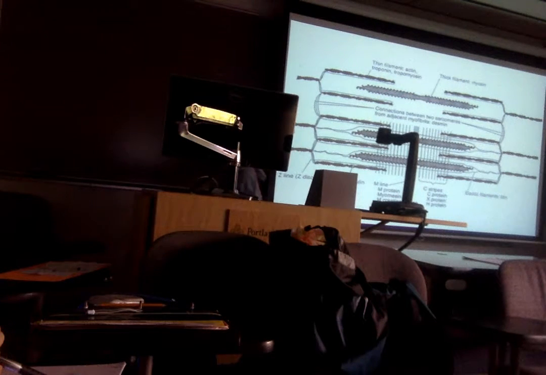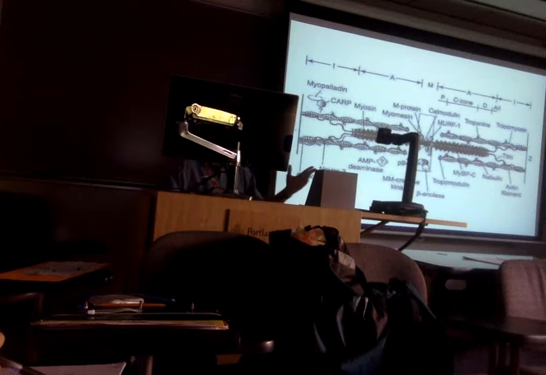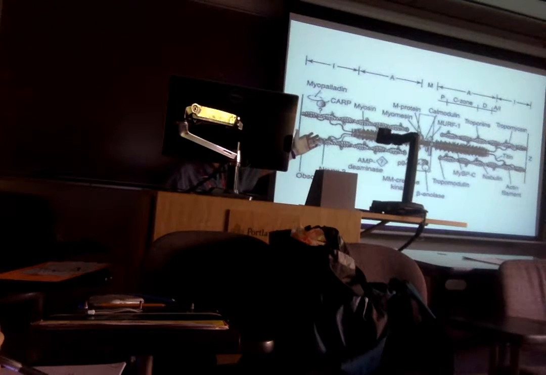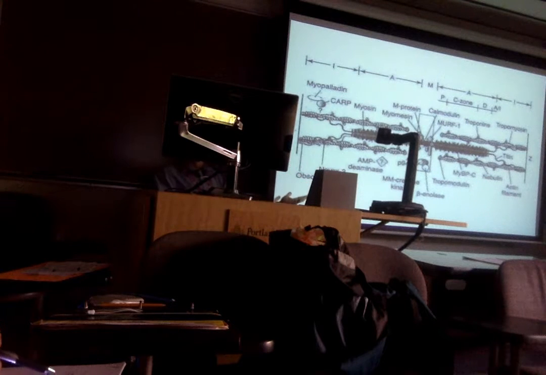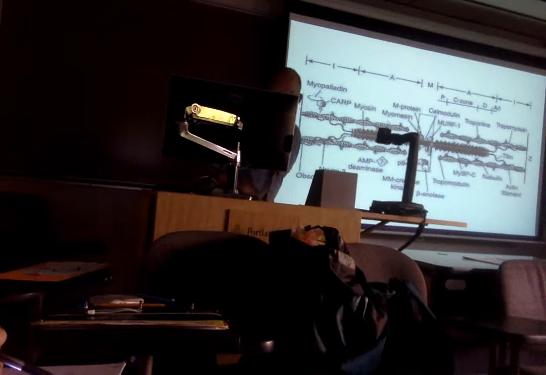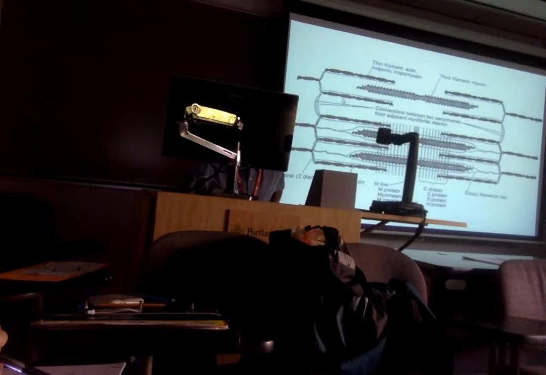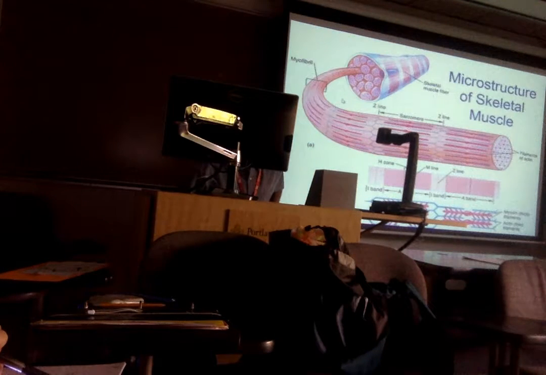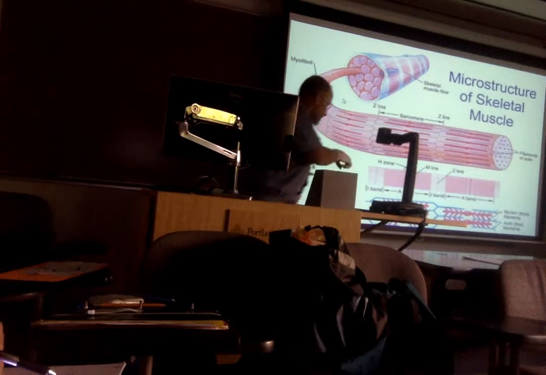Look at all these. The purpose is to make you appreciate how many different proteins are associated with this. If I want a simpler picture, I guess this is as simple as it gets.